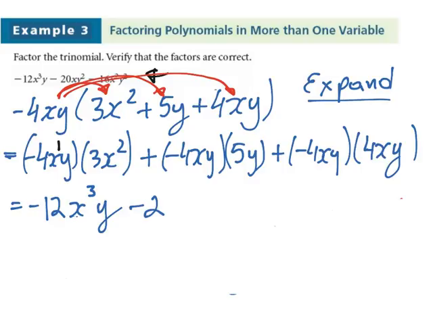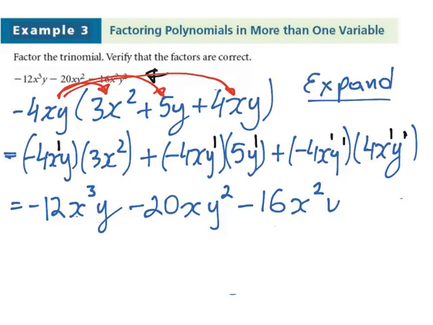So that means y has one exponent, and there's another exponent, and a y times a y is y squared. So we have x, and don't forget the 0 for the 20, y to the power of 2. Now negative 4 times negative 4 is negative 16, and x has an exponent of 1, so is y. So x to the power of 1 times x to the power of 1 is x to the power of 2. And y to the power of 1 times y to the power of 1 is y to the power of 2.